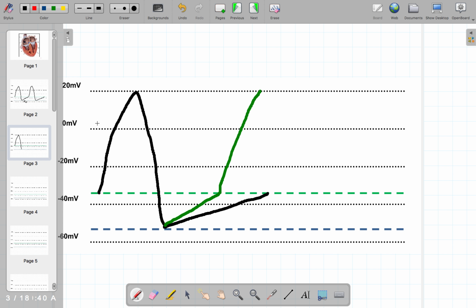We can also make it so that the IF current is smaller, right? And that is that the channels are less efficient at letting sodium into the cell. Or in other cases, we might imagine that we have a lower percentage of channels that actually activate when we reach threshold. So here, because sodium is entering the cell more slowly, it takes longer for the cell to become positive.